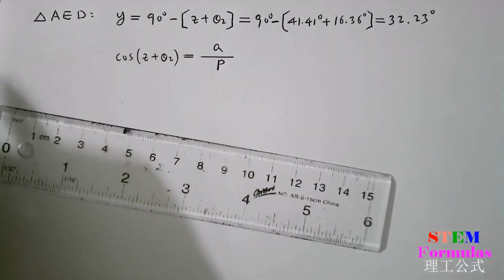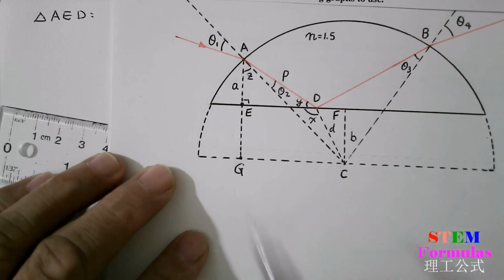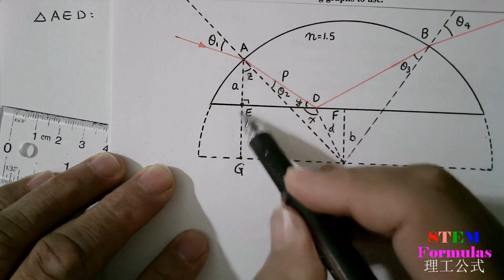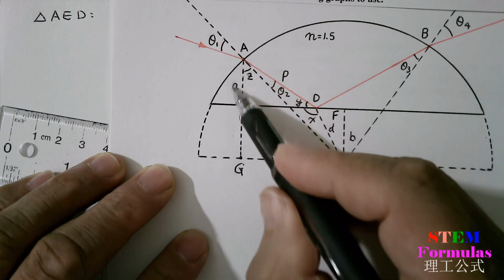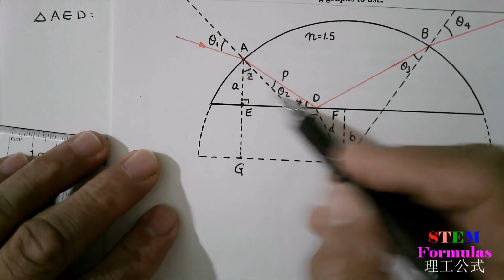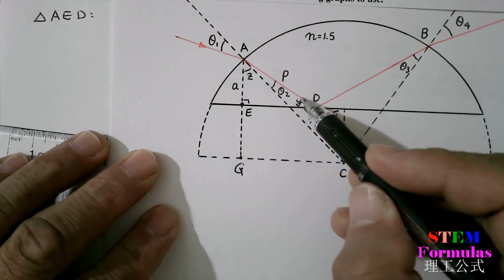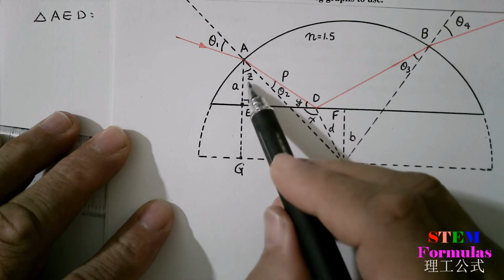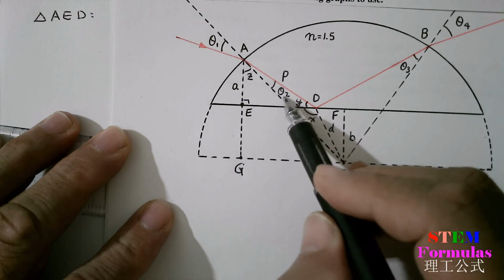So I consider this triangle AED: a divided by p equals cosine of (z plus θ2).